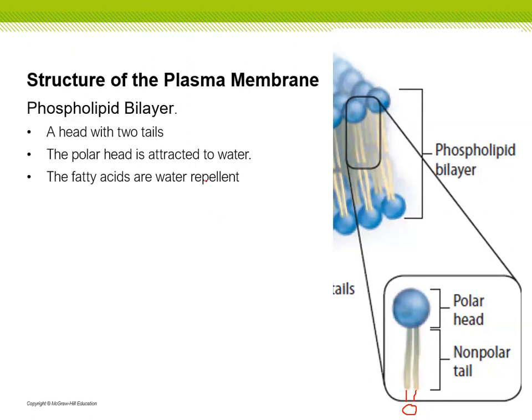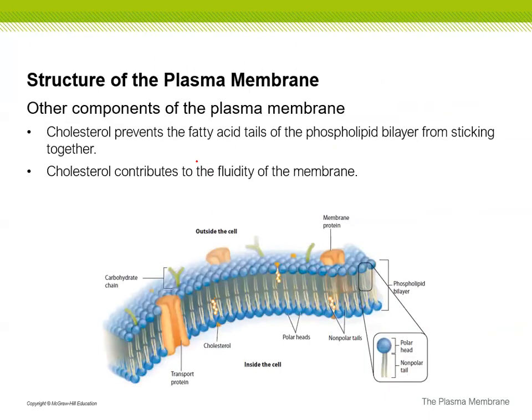Okay. So that's a phospholipid bilayer. And then there's some other stuff in there, right? We saw that there was cholesterol in here. Those are those little dots. That just prevents the stuff from sticking together. Not super important to know that. I wouldn't worry too much about the role of cholesterol, to be completely honest with you. The main thing we really care about is how does it allow stuff to go through.